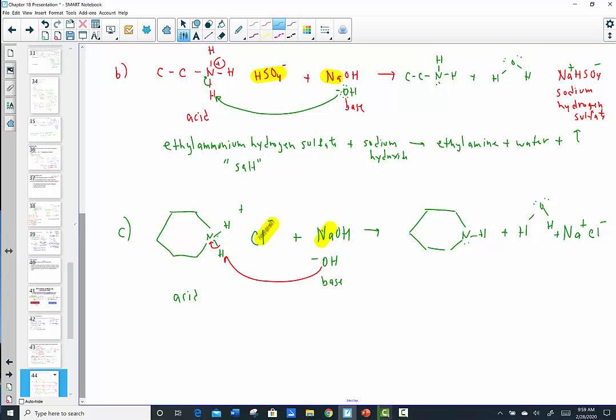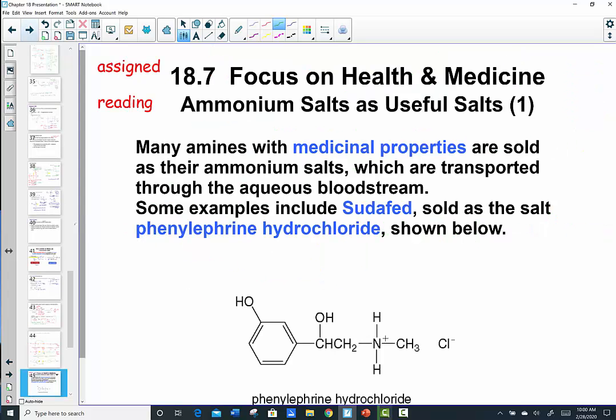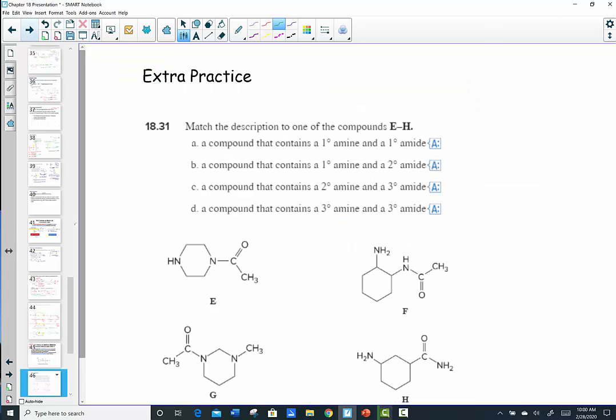When treated with a strong base, ammonium salts drive the reaction back to the original substructure. So we've done some good acid-base chemistry. At this point, you've got some reading to do. And at the very end of your pages, page 15, you'll come back and work some extra practice problems.